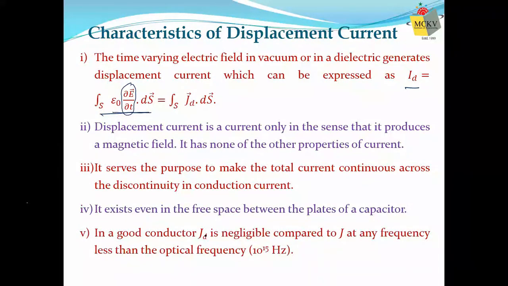In a good conductor, JD is negligible compared to J at any frequency less than optical frequency. That is the frequency we use in case of normal or good conductor.